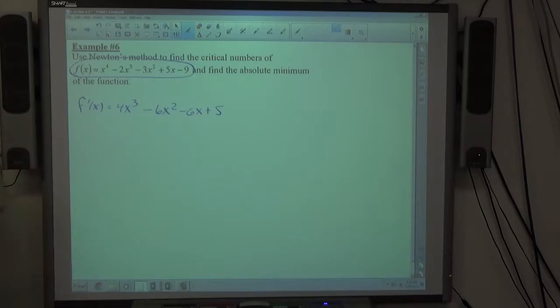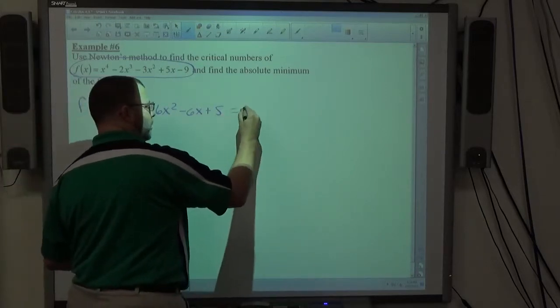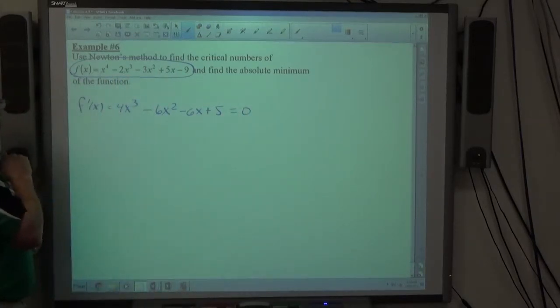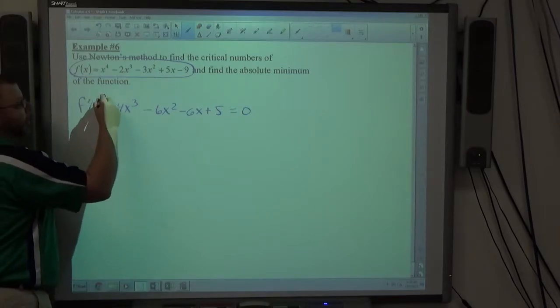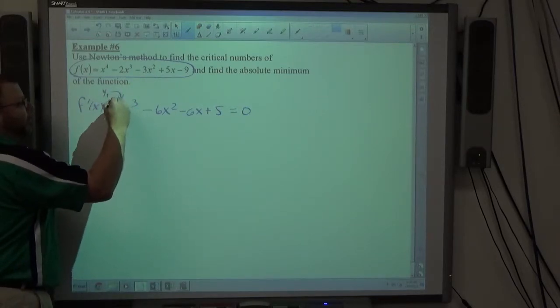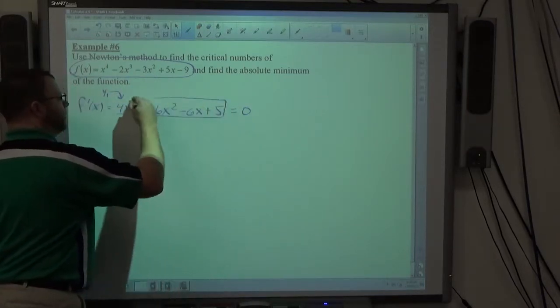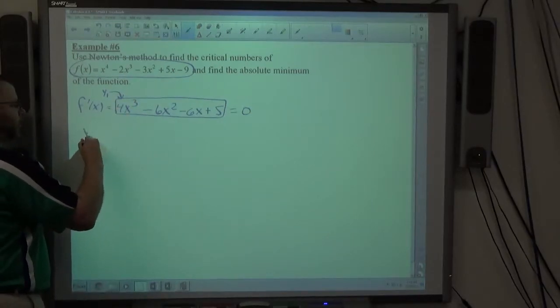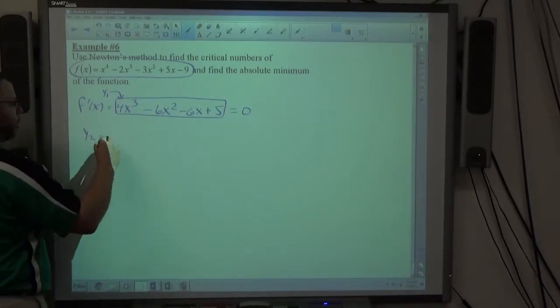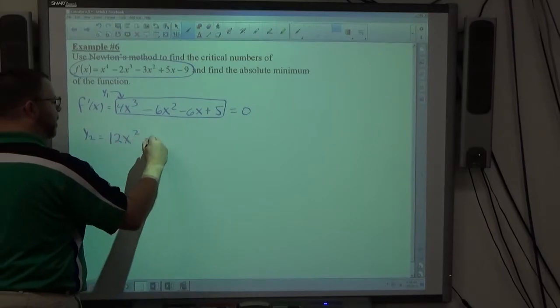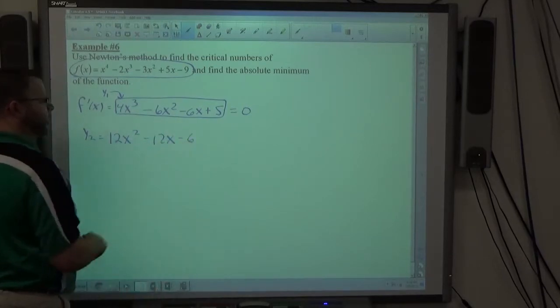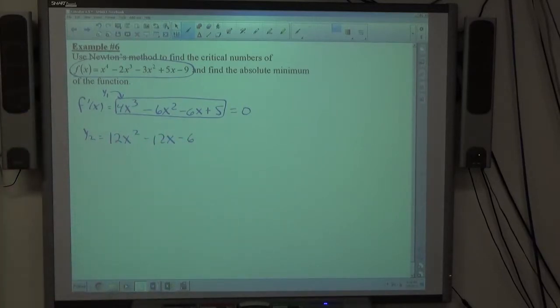So this time what I'm solving is the derivative. So what I'm going to do is I'm going to let y sub 1 be this function that I'm trying to solve. And y sub 2 is supposed to be its derivative, which is going to be 12x squared minus 12x minus 6. Okay.